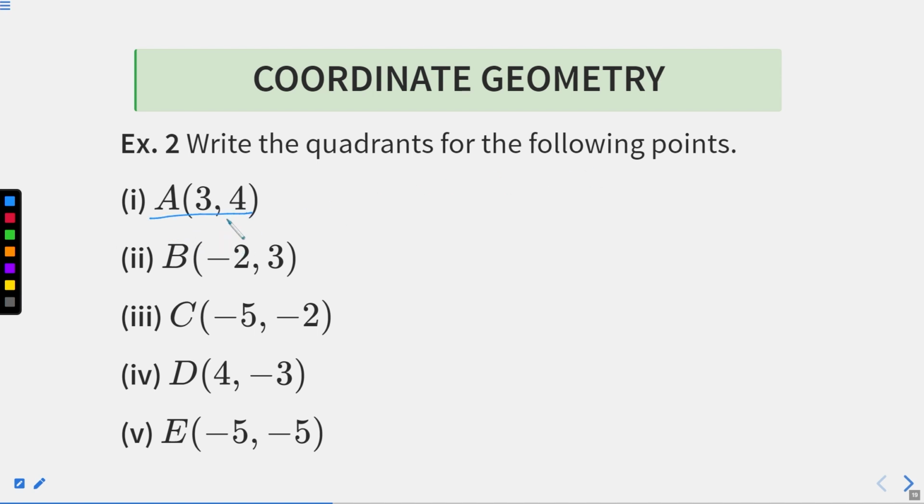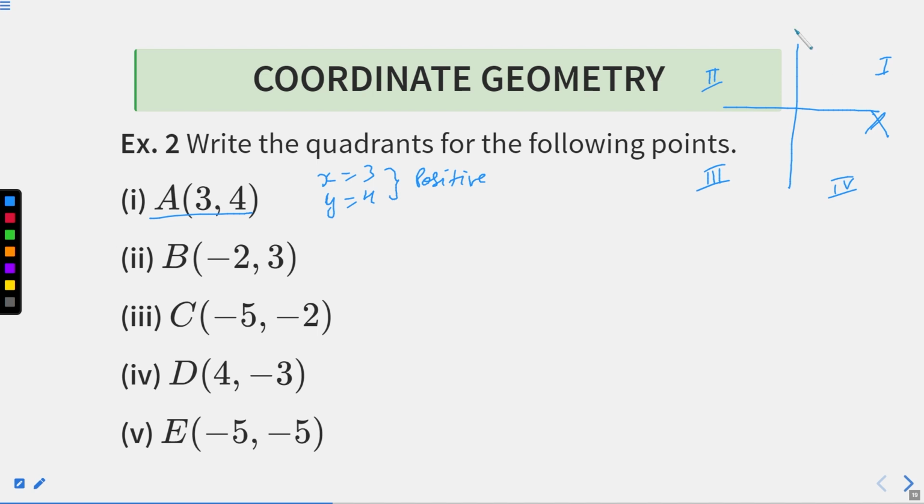So A is 3, 4. If you see, x is equal to 3, y is equal to 4, and both are positive, and we know where x and y are positive. Let me recall: this is our first quadrant, the second quadrant, the third quadrant, and the fourth quadrant.